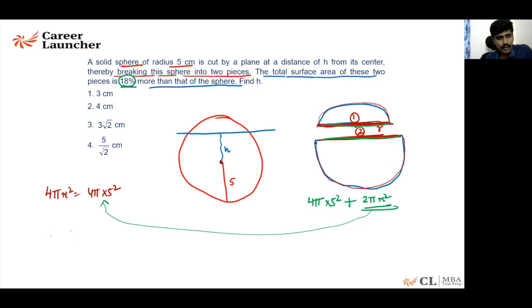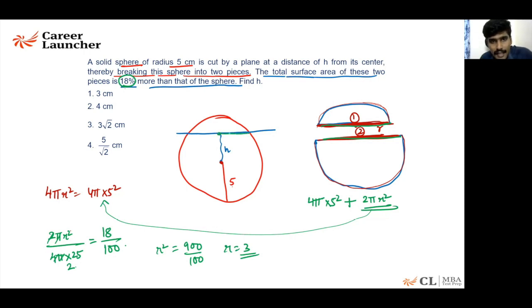So 2 pi r square by the initial total surface area 4 pi into 5 square is 18%. That is the increase that is happening. So what we have here is 2 r square must be equal to 900 by 100. So r must be equal to 3.